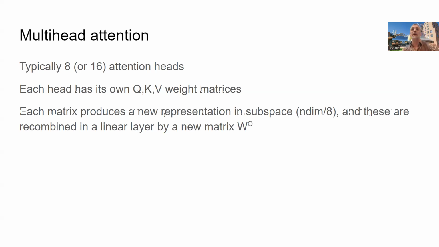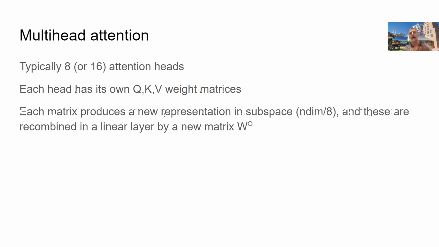In general, it's probably going to be very difficult to build a model that can encode all of those things simultaneously. So when you see an attention layer, there's usually more than one attention head, and each attention head is just a separate query key value weight matrix.